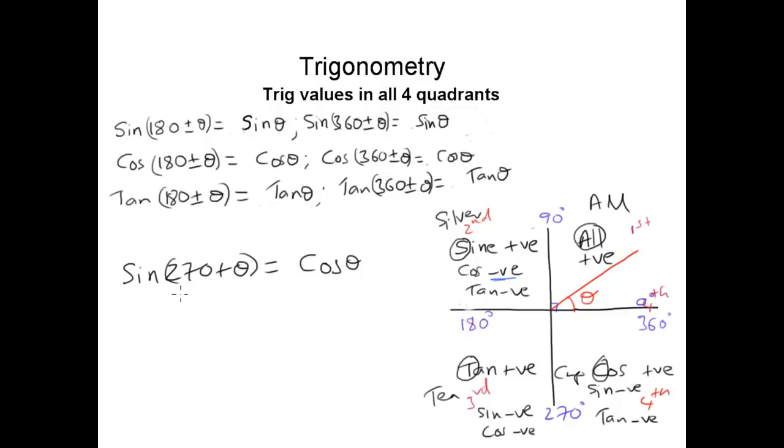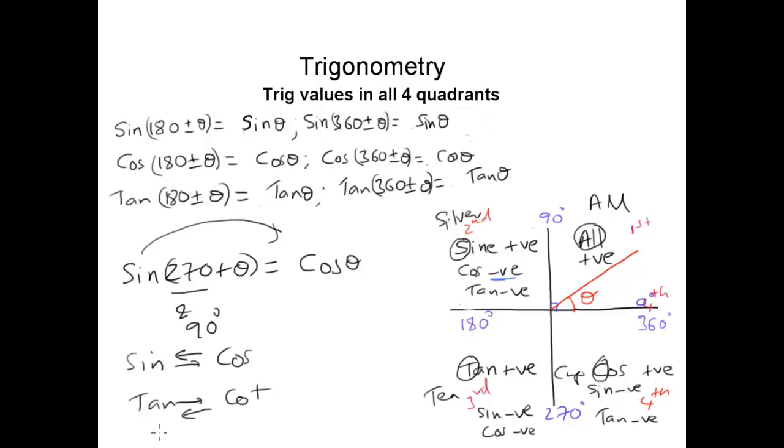You see, at 270 and 90 the trigonometric functions change. So sine changes to cos and cos changes to sine. Similarly, tan changes to cot and cot changes to tan. And similarly, secant changes to cosecant and cosecant changes to secant.